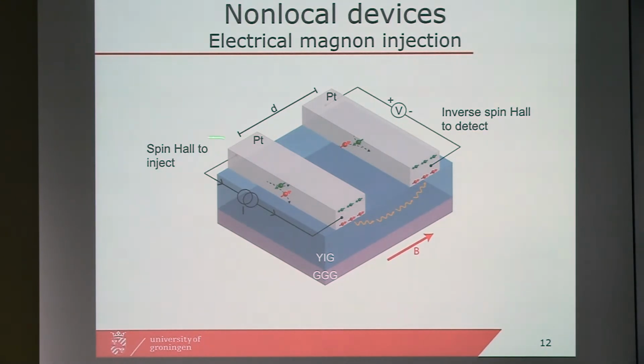We drive the current here and then we measure the voltage over this contact here. Then we put the sample in an external magnetic field, which is basically only used to orient the magnetization of the YIG relative to the polarization of the spins of the spin accumulation that we're supplying at the interface.